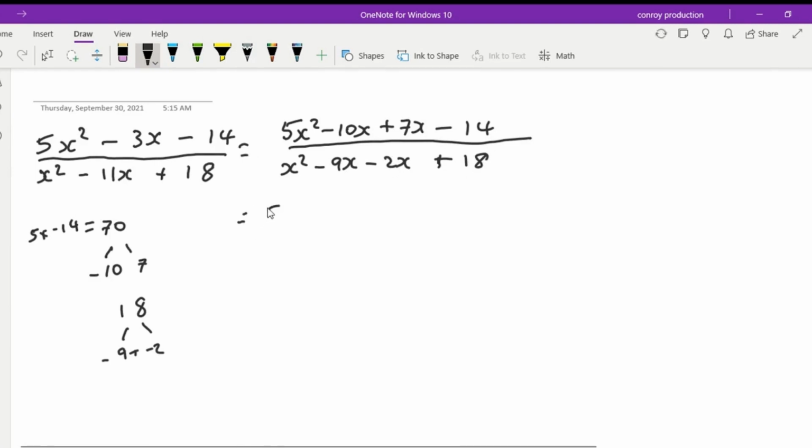Alright, so we should have a group, and that's what we're still doing. So now 5x, we now have x minus 2. Right here we have a plus 7 for x minus 2.